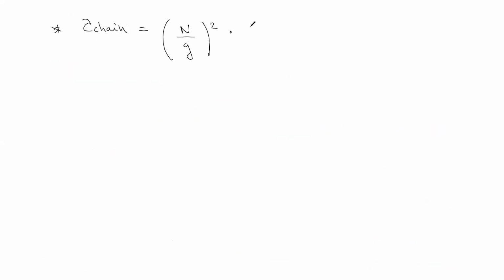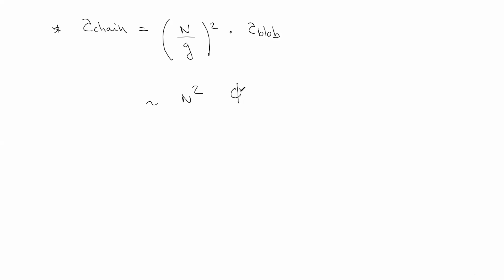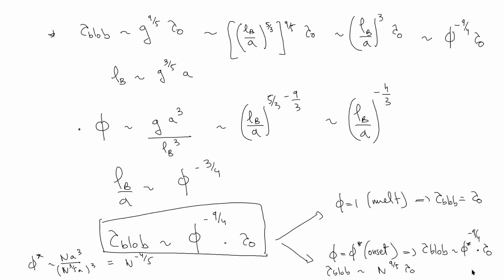The unit timescale now is a blob, and I have n over g blobs in this effective chain. And so this is the timescale for relaxation of the total chain. So it's n squared, okay. Tau blob is phi to the minus 9/4 times tau naught, and then I have g squared here, okay. And g we said previously, let me just find it back, g is L_B over a to the power 5/3.